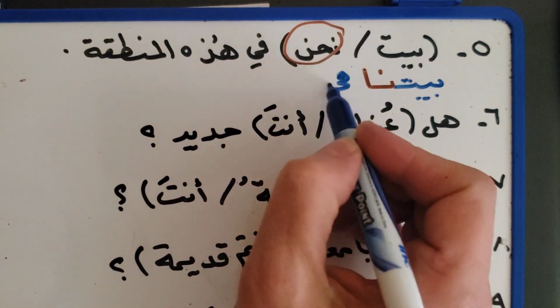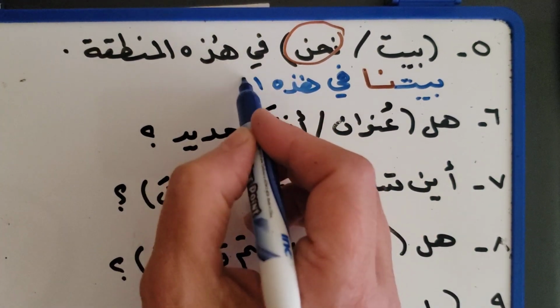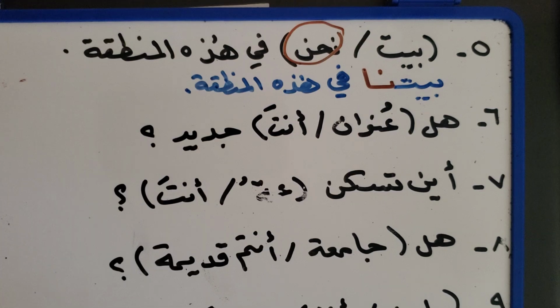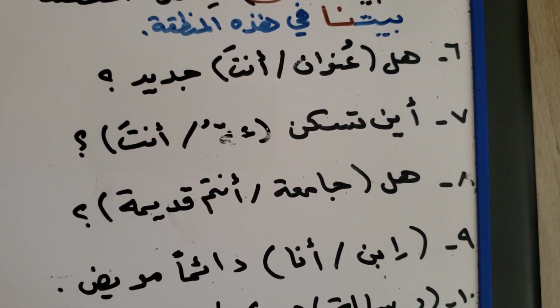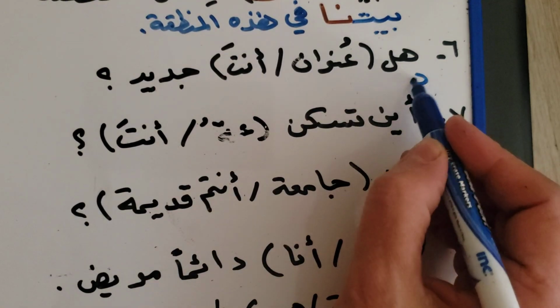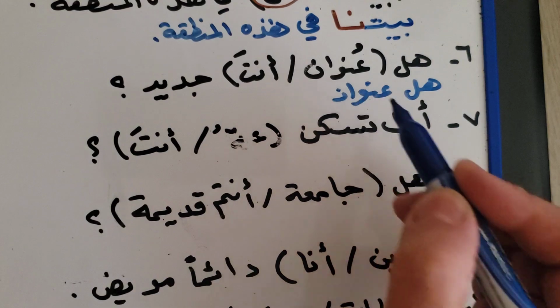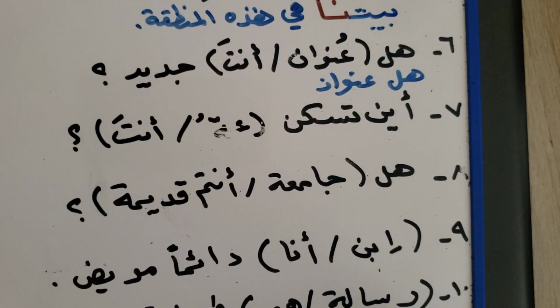Is in this place, in this region. في هذه المنطقة. Okay. هل عنوان أنت جديد? Is your address new? So how are we going to say this? هل عنوان, remember, we stretch the noon, we're going to connect it to the next word.